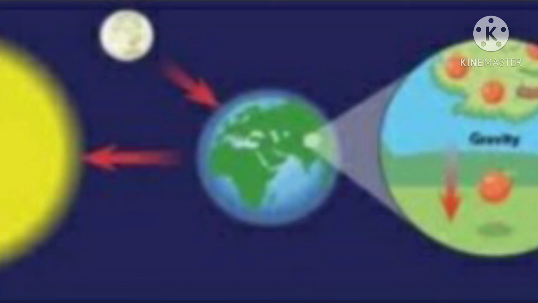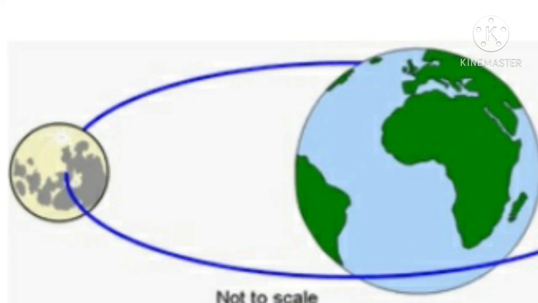It is the gravitational force between the sun and the earth which holds the earth in its orbit around the sun. And it is the gravitational force between earth and the moon which holds the moon in its orbit around the earth.